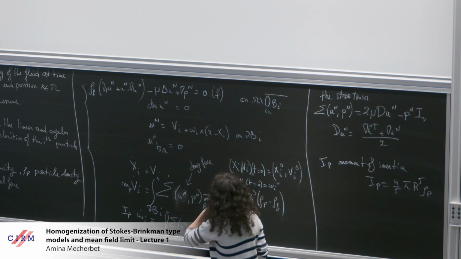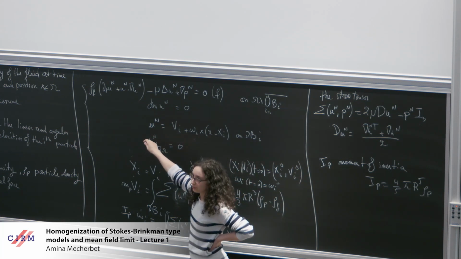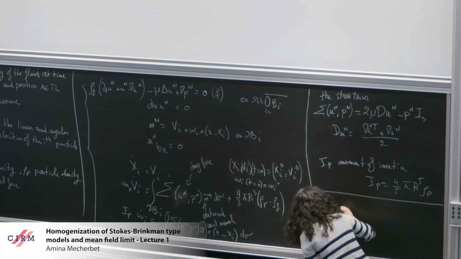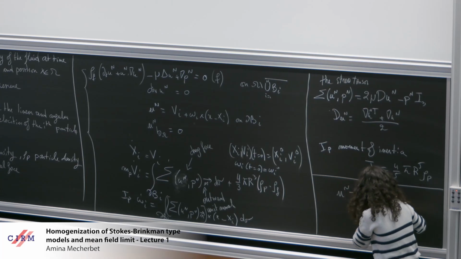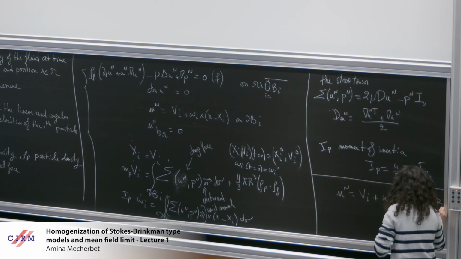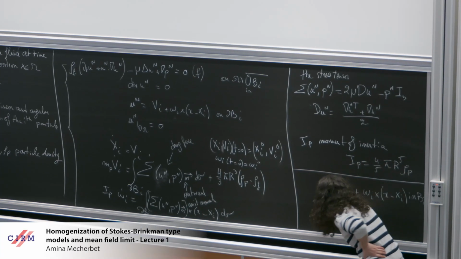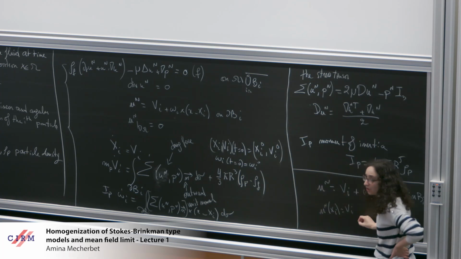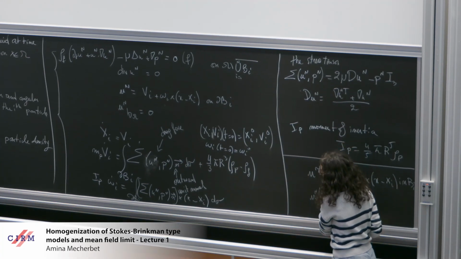Of the fluid, where we prescribe continuity of the velocity of the fluid, which means that u_N, we will do this later, can be extended exactly by this rigid motion inside the ball. And when you do this, this means that V_i is u_N in x_i, and omega_i will be the curl of the velocity.